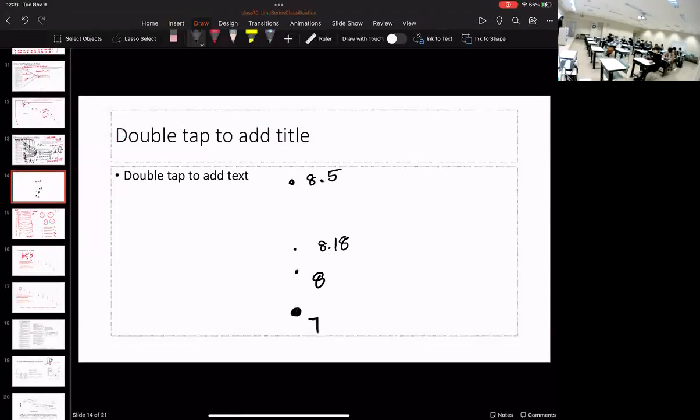Okay, next one is 11. Max, minimum, average. What is the next one? 8.1. Next is 8.4. Remember the test cases, right?